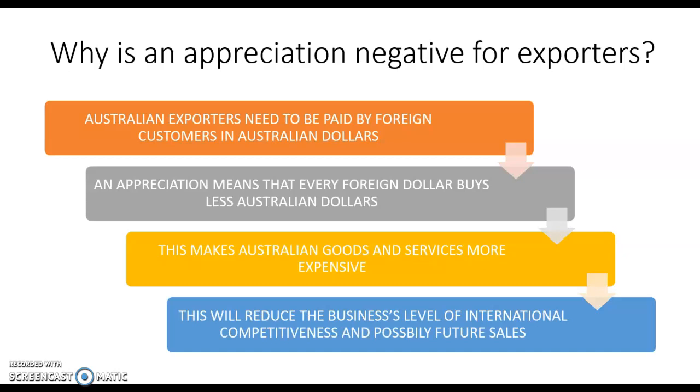What this does is it reduces the business's level of international competitiveness and probably future sales as well, because Australian goods are now more expensive because it costs those foreign customers more in terms of their currency to pay us in Australian dollars.